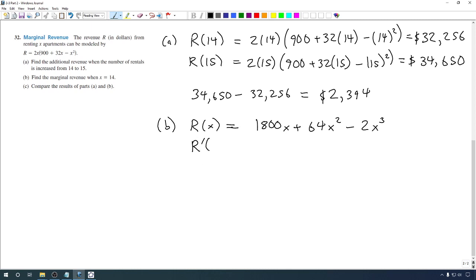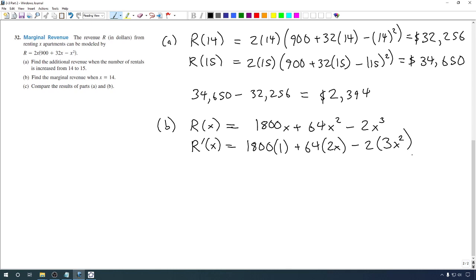The derivative of this, well, the derivative of 1800x, I have 1800 times the derivative of x, which is 1. Then we have 64 times the derivative of x squared, which is 2x. And minus 2 times the derivative of x cubed. This one we actually haven't done since last section. So remember that we just have a power of x, so we take that power, bring it down in front, and then reduce the power of 3 to a 2.